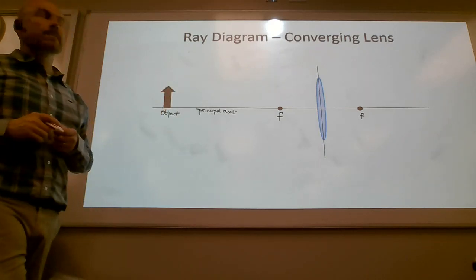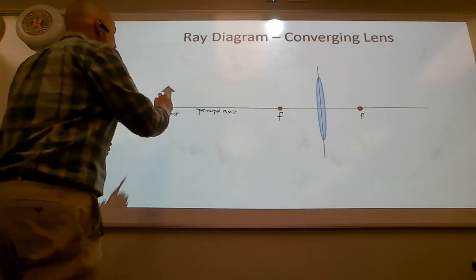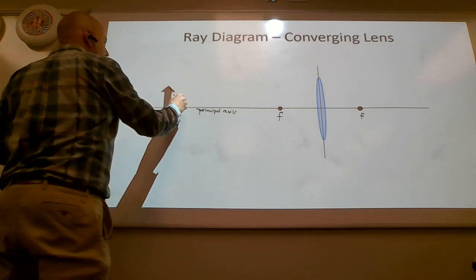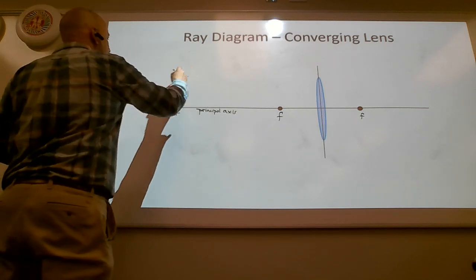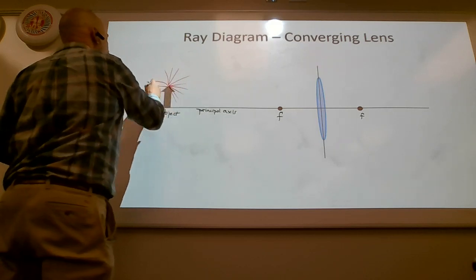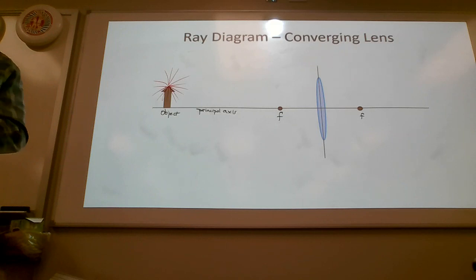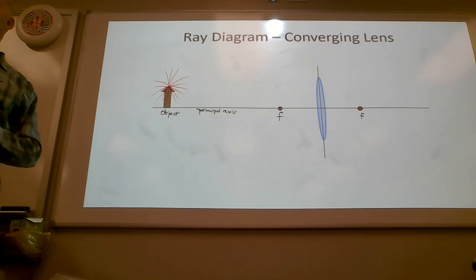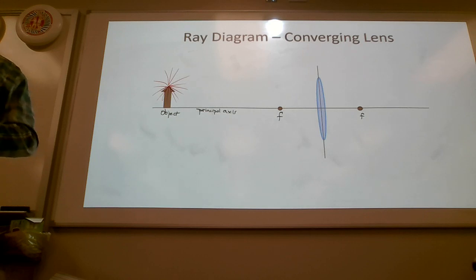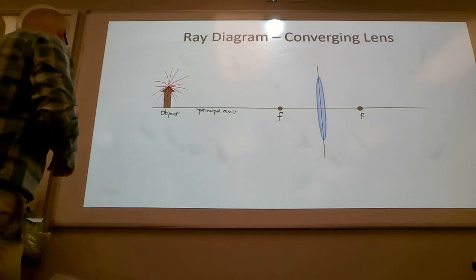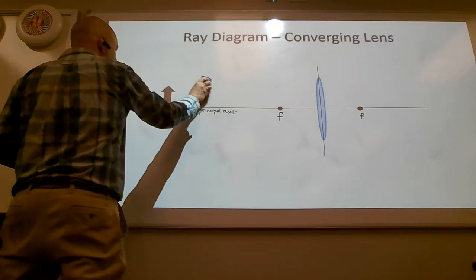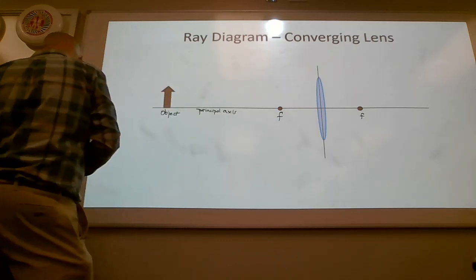Light is reflecting in all directions off the top of this object. Everybody good with that? I only care about 3 of those rays. Now you can start copying what I'm doing here.